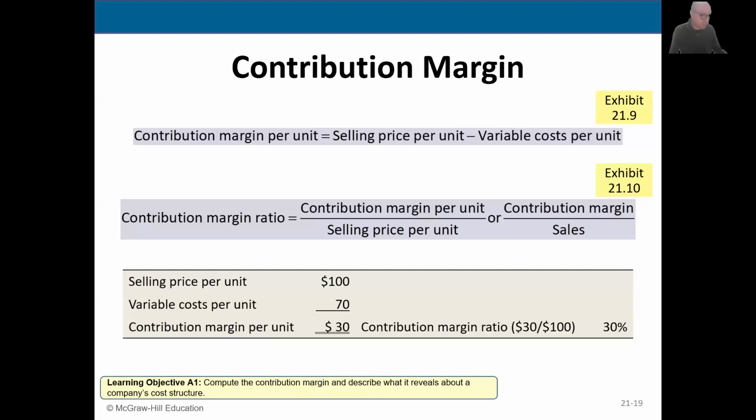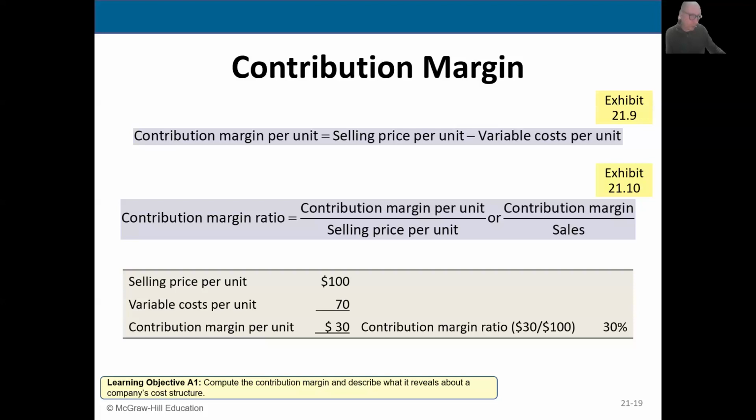So the way we compute this is we take our sales price per unit minus our variable cost per unit. As you know, variable cost per unit is direct materials, direct labor, and variable factory overhead.